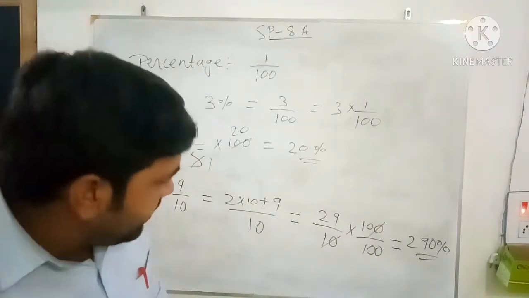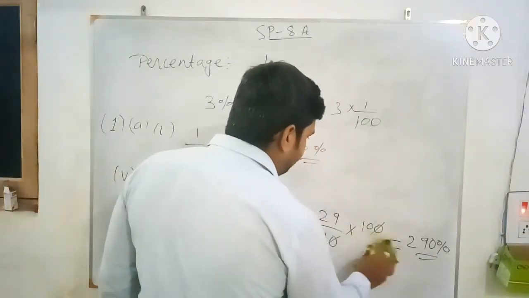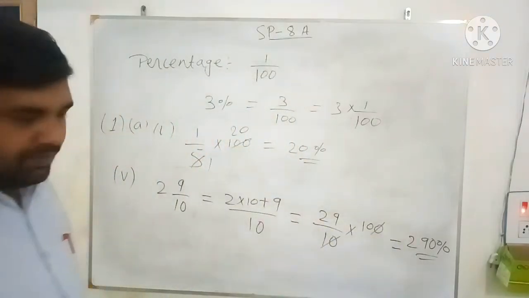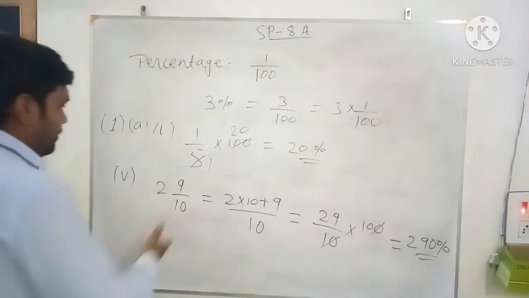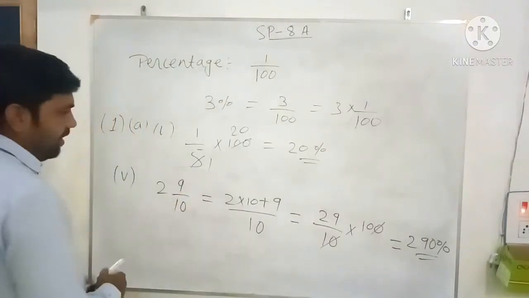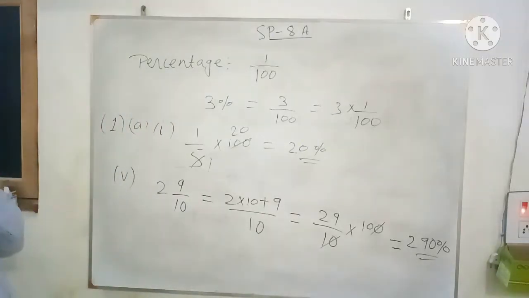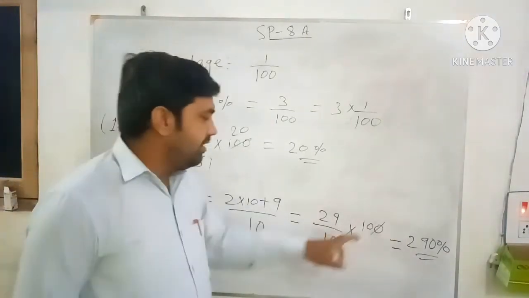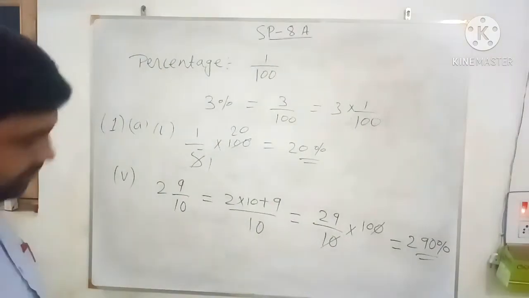So no need to write all these things. You only multiply the given fraction by 100, and it will be converted into the percentage. 10 times 100, 29 times, 290%.